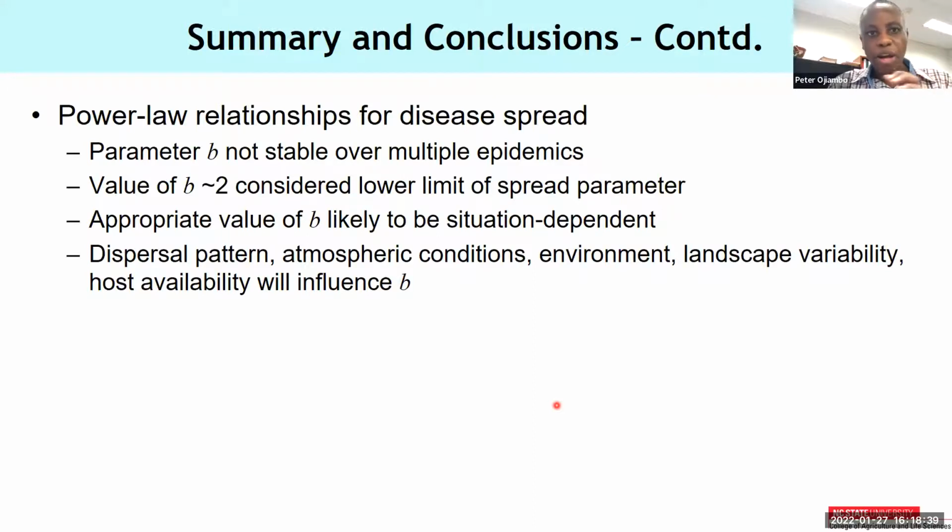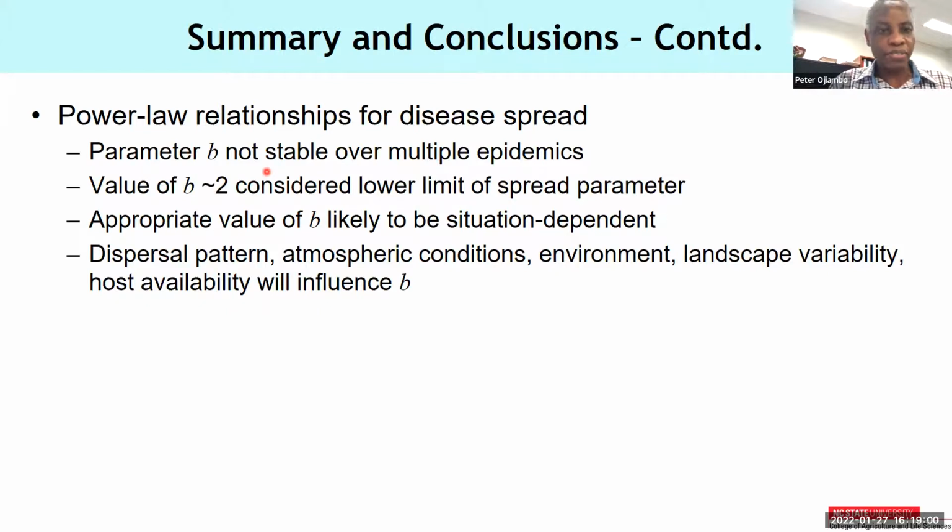And as far as the power law is concerned, as I indicated before, people have always looked at the B parameter as representative of the steepness of the disease gradient for an aerially dispersed pathogen. But that has been primarily because they looked at only one scenario or realization of the epidemic.